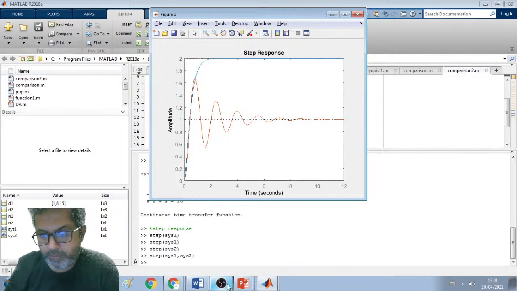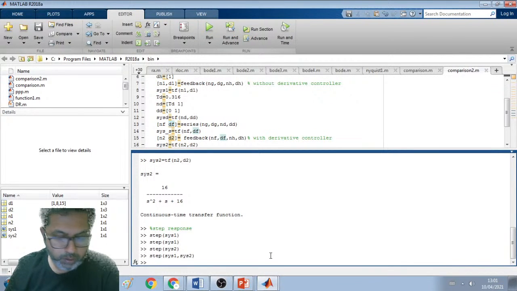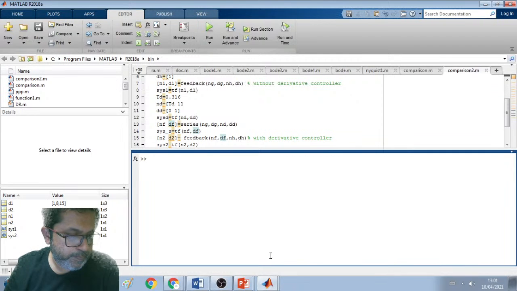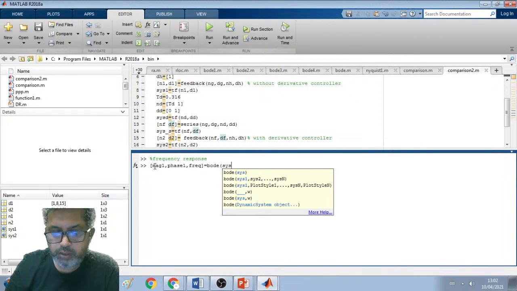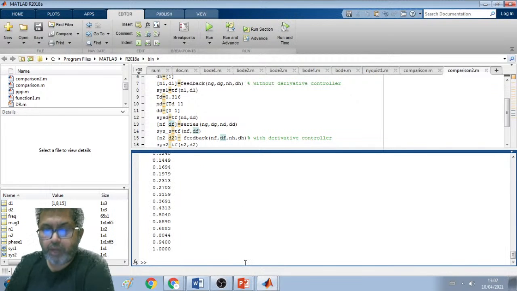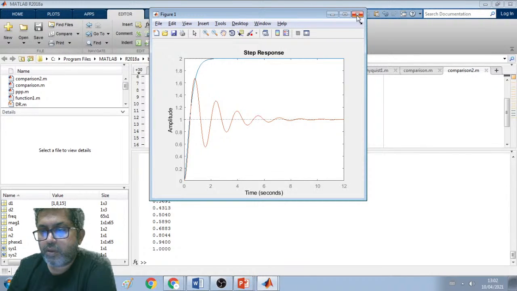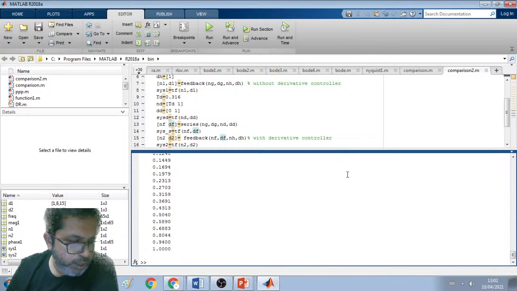Then let us see frequency response. Mag1 comma phase1 comma frequency is equal to bode sys1.